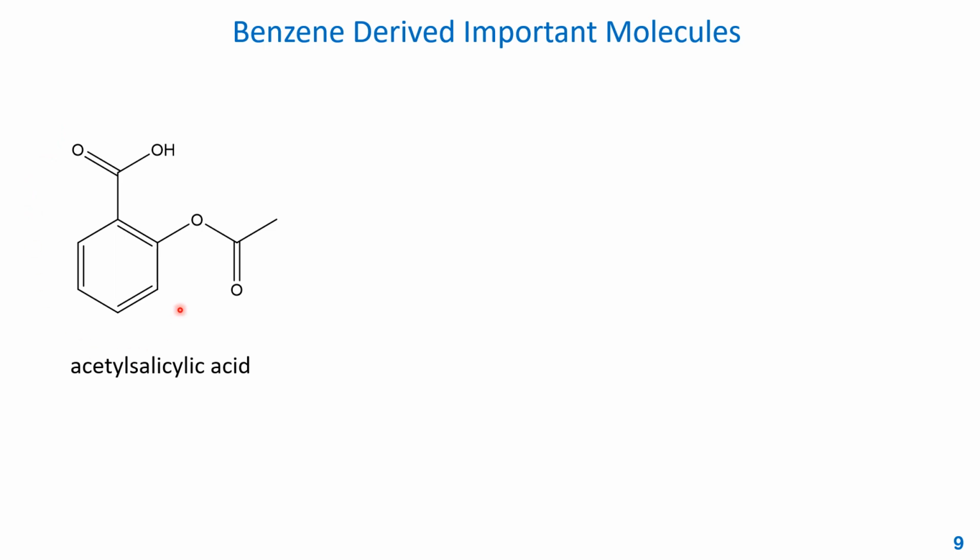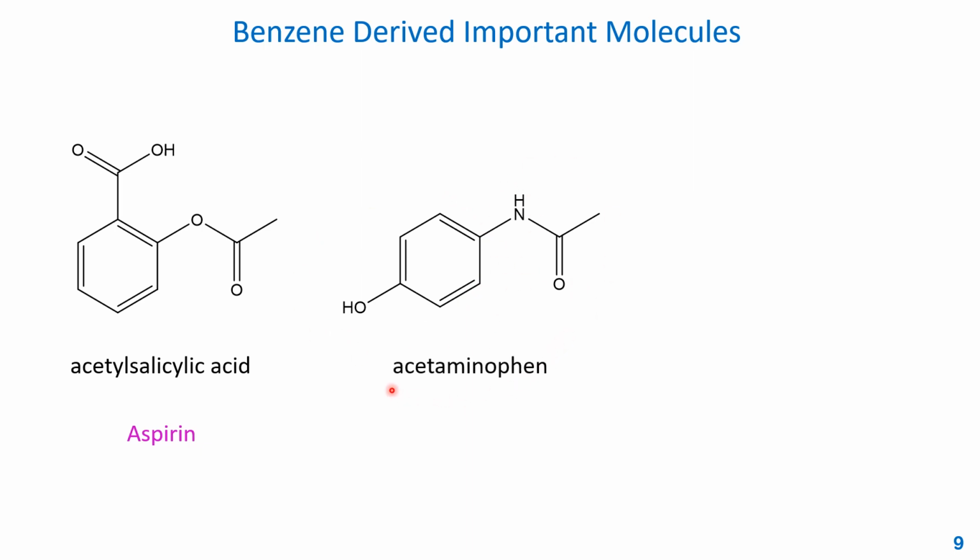So this is the benzoic acid. And this is aspirin. Okay. And the other medicine is here. The core is the phenol, with the amide bond here. And this is called acetaminophen, and the more common name is Tylenol.